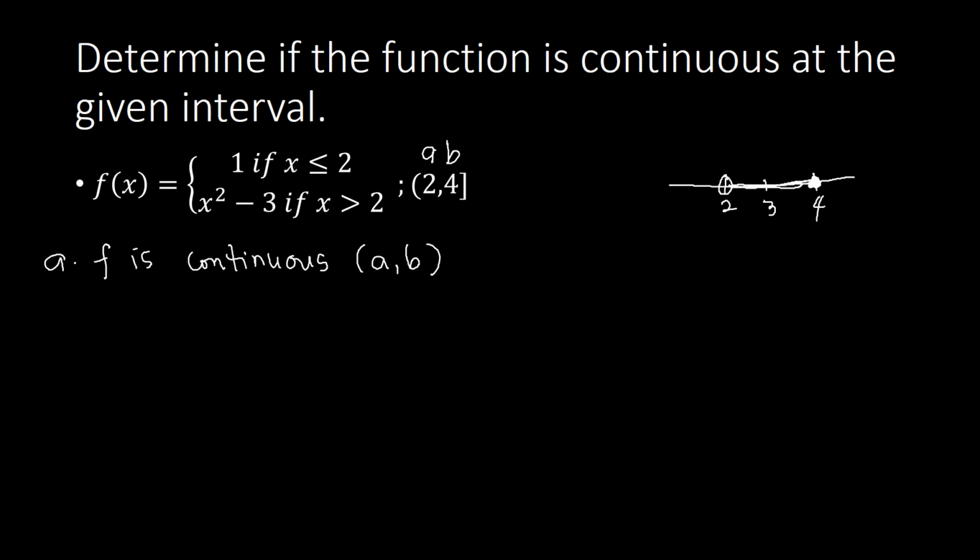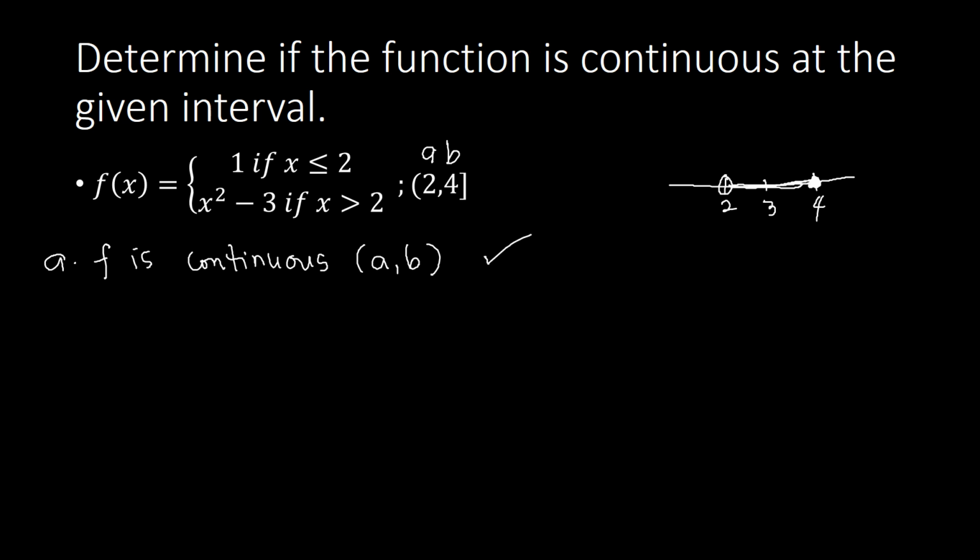So again, testing whether f is continuous on the open interval (a, b), we may try to get values in between 2 and 4 and plug them in, for example 2.1. 2.1 is greater than 2, so we're focusing on this function here for every value between 2 and 4. So literally we're getting a value there. We don't have a problem there. We don't have a hole, we don't have a break, we don't have a gap. So that means f is continuous on our open interval (a, b).